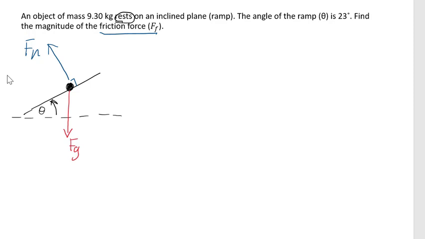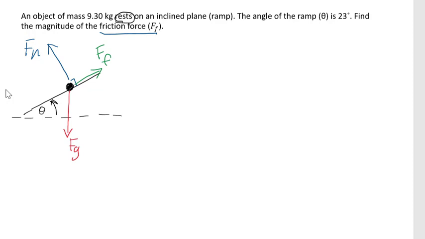So if there was no friction here, the object would slide down the ramp. So that means that friction is opposing the motion or potential motion of this object. So we can draw the friction directed up the ramp, opposite the direction that the object would move if there was no friction.